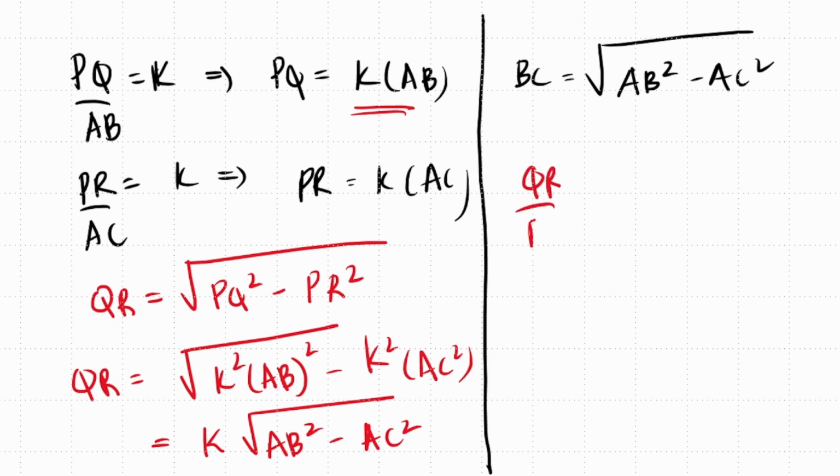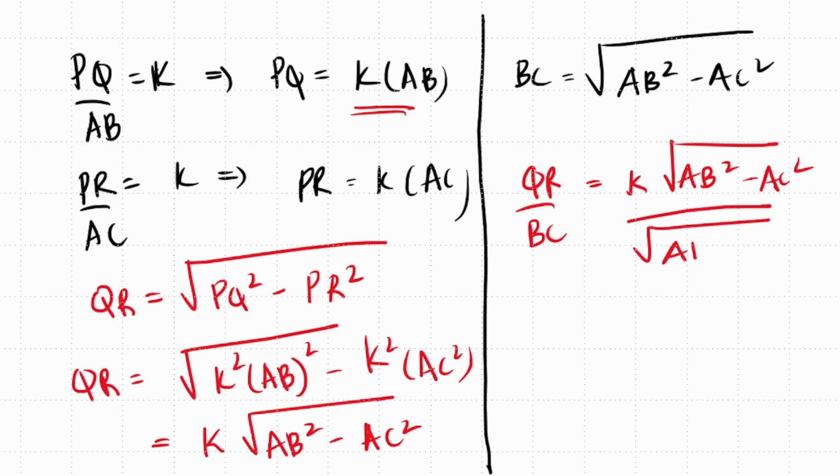So for that we'll write QR by BC. So what's QR? You have a K outside over here, then root of AB square minus AC square, divided by BC, which you just found out, root of AB square minus AC square. Common terms will cancel out. What did we get?